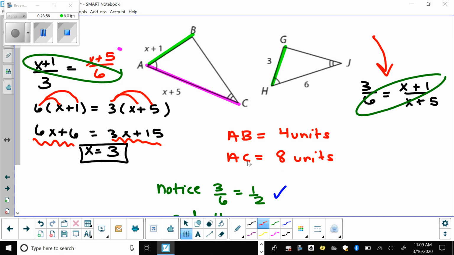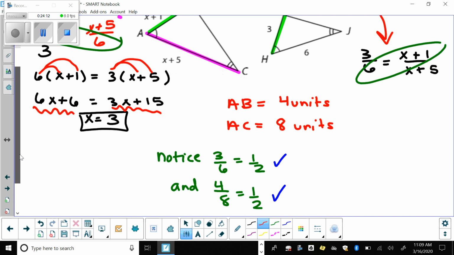And then just a little side note, notice 3 over 6 happens to equal 4 over 8, and that is all 1/2. So just a good way to check your work.